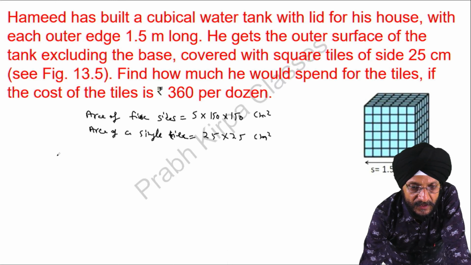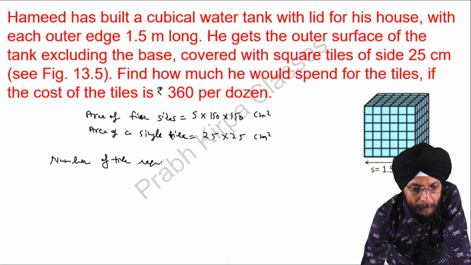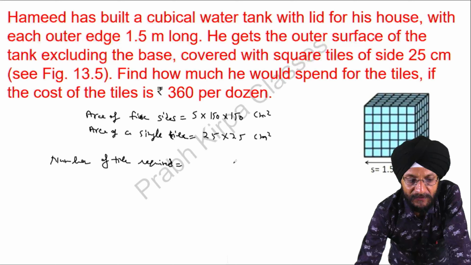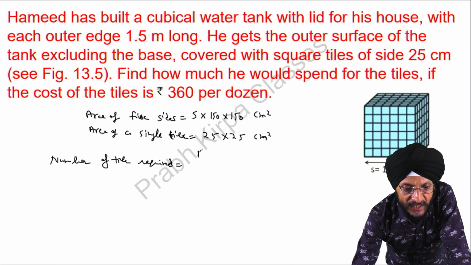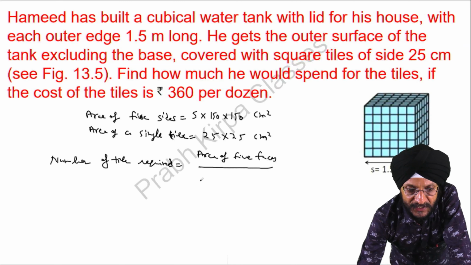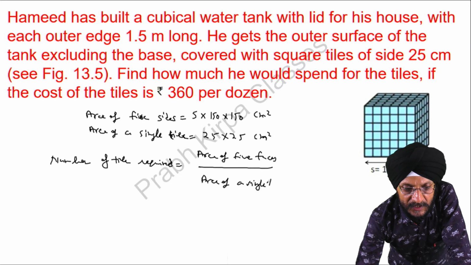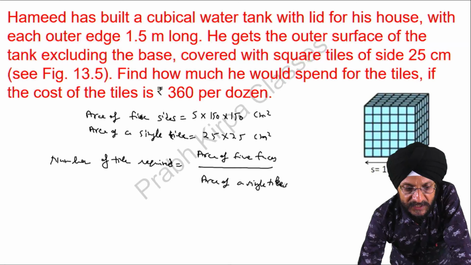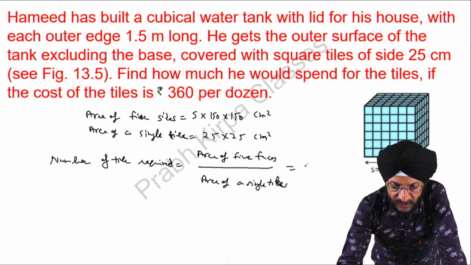Now, the number of tiles required will be calculated like this: the total area where we have to put up the tiles, which is the area of 5 sides or area of 5 faces, divided by the area of a single tile.